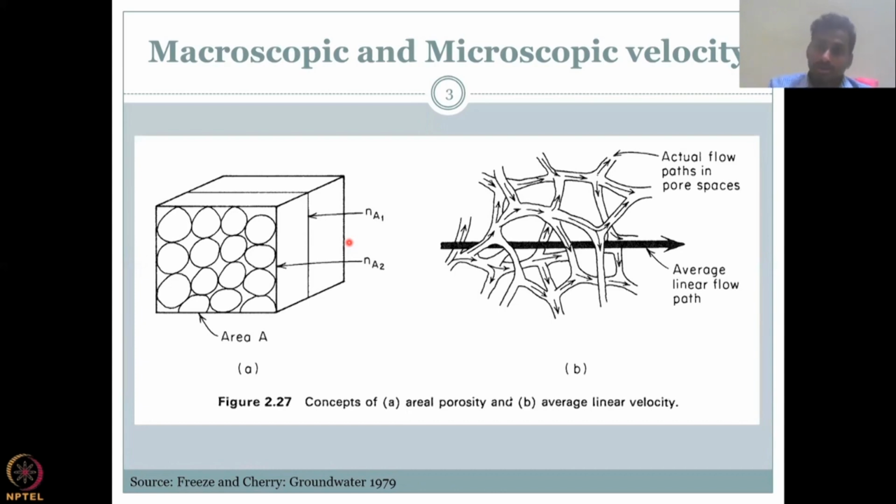So what I'm trying to give you is there are uncertainties, there are issues when you do a macroscopic view, but you could justify it using correct assumptions from literature. Otherwise, you cannot defend it by going on taking samples and samples to assess a porosity. Let's take this example.